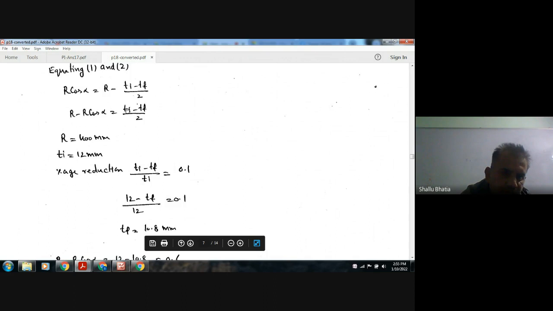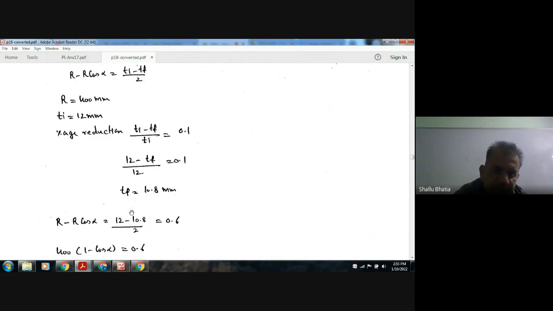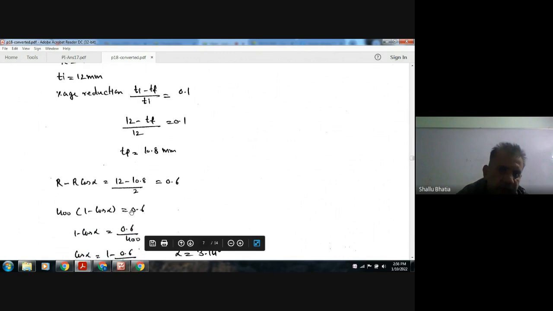Now putting the values here, Ti as 12 and Tf as 10.8, we can find alpha.